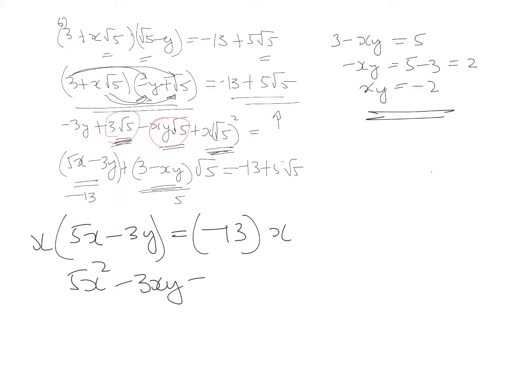And equal to negative 13 times x, so negative 13x. Because remember, I multiplied both sides by x. So substituting for xy equal to negative 2, what do I have? I have 5x squared minus 3 times negative 2 is equal to negative 13x.